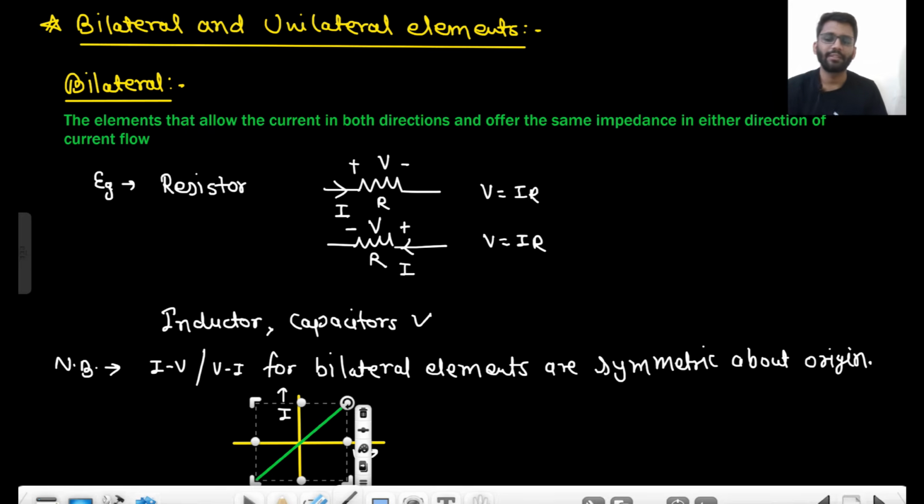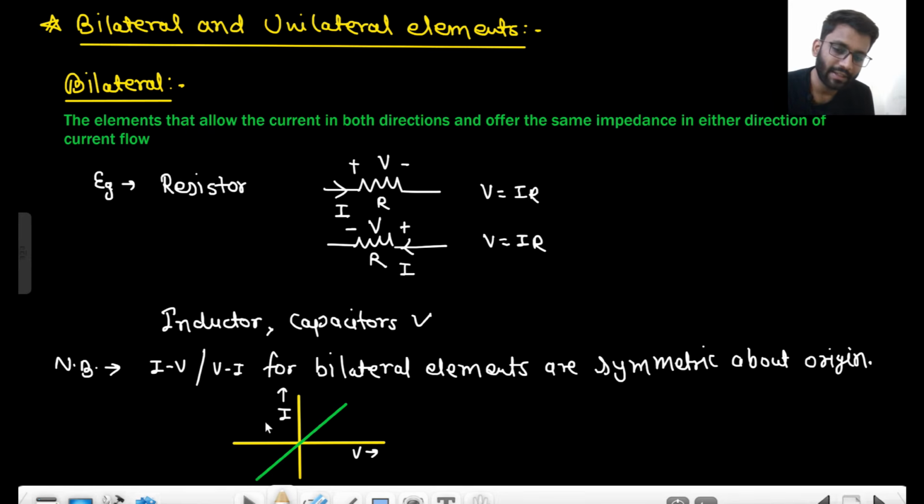So how do you check the symmetry about origin? You will just place a mirror at this point like this. From here to here, what do you see? This line. And from here to here, what do you see? This line. So this is symmetric about origin.